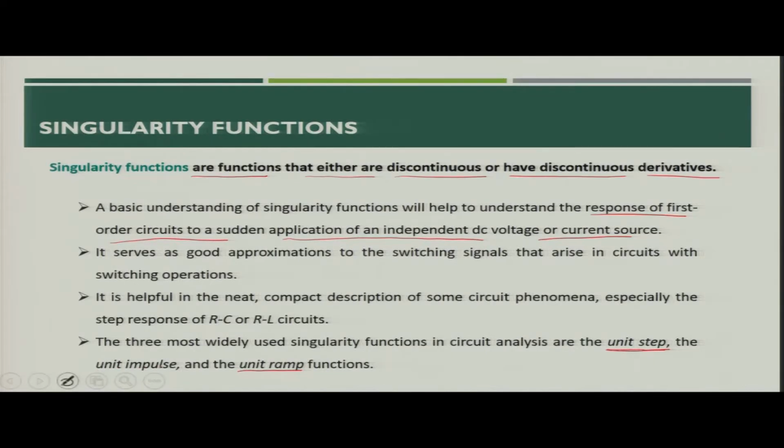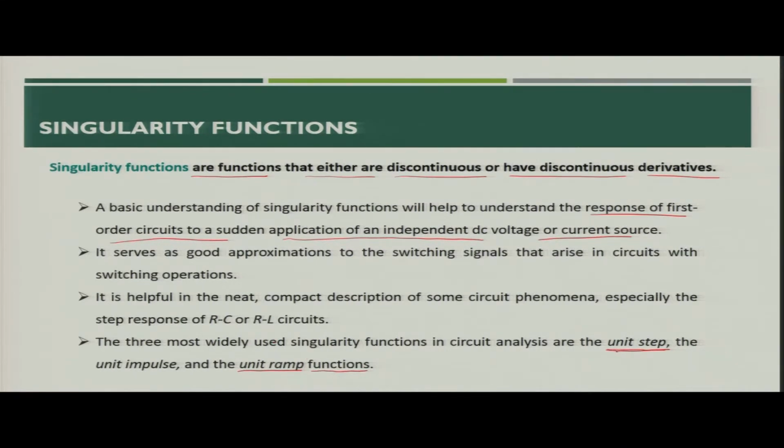Similarly, when there is a sudden surge coming up in the circuit, you say this is a unit impulse being applied to the circuit, and if the voltage is building up gradually in the circuit, then that can be represented with the help of the unit ramp function.